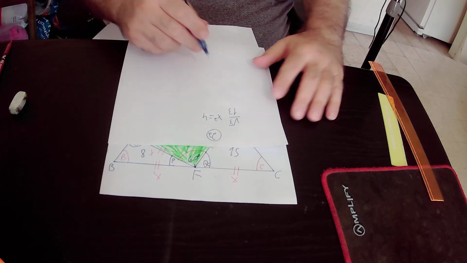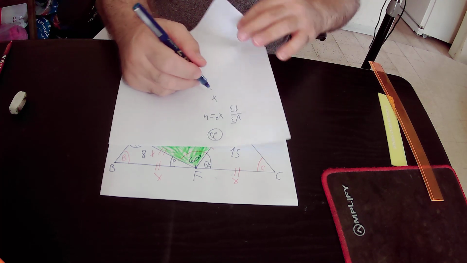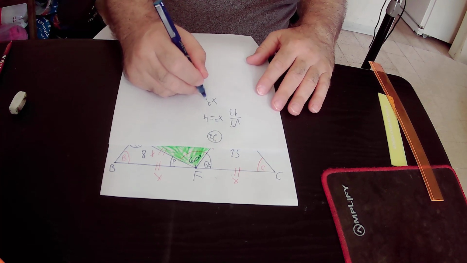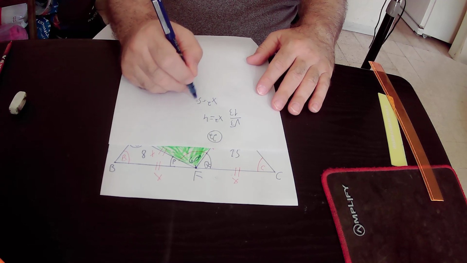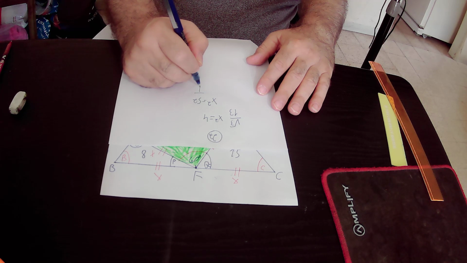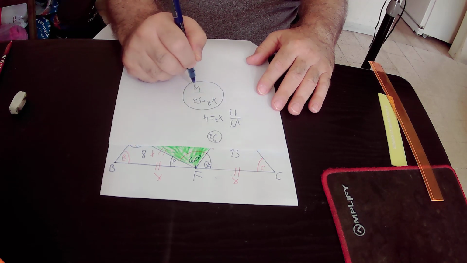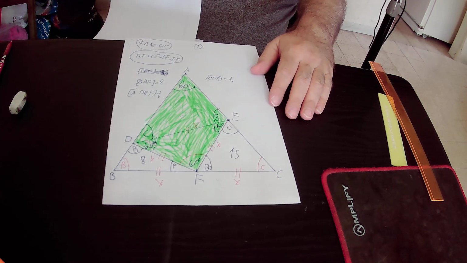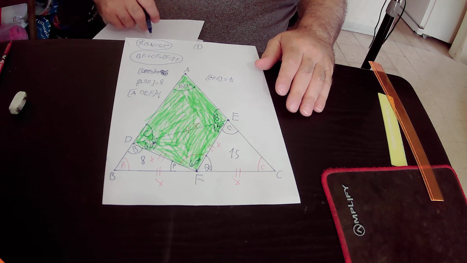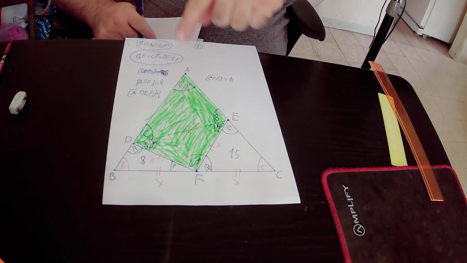So x squared equals 13 times 4, which is 52, over root 3. So we found out that x squared equals 52 over root 3.